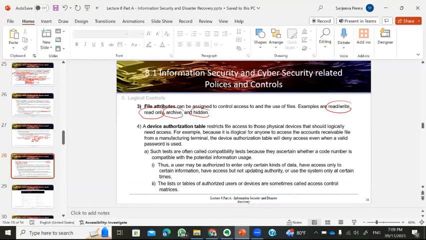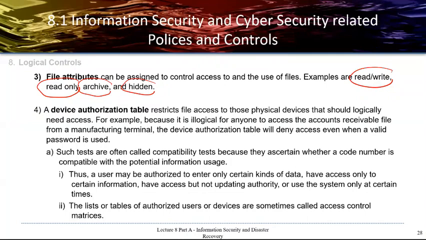A device authorization table restricts file access to those physical devices that should logically need access. So you can have a device authorization table in your logical controls, and it will only allow access to those devices. If you only allow access on the desktop computer, when they try to log in from a mobile, they will not have access. But if you believe you have to give access from his personal mobile, then you have to give that right.